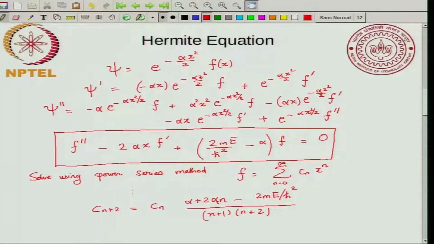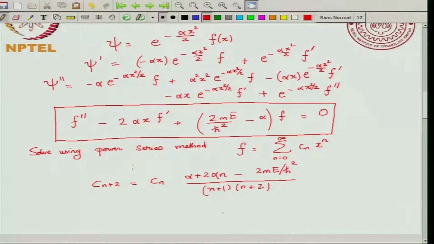Now this is a recursion relation, and it relates C_(n+2) to C_n. So f can be written as C_0 times the sum of even terms plus C_1 times the sum of odd terms.